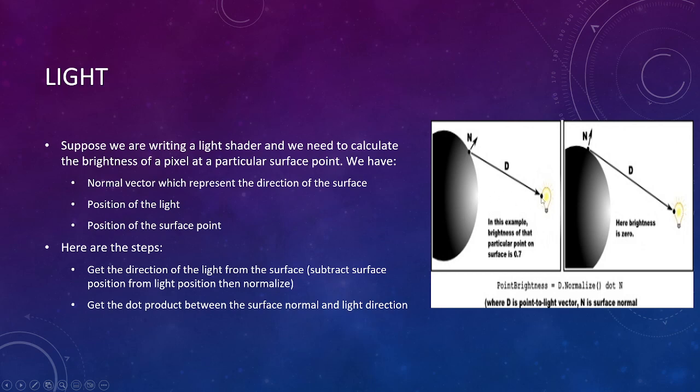So, let's say, itong sample na to, makikita nyo, sobrang bright nito because we know this normal, the dot product of this will make it so that it'll be really bright here. Okay?